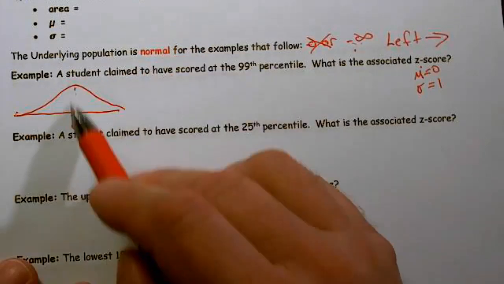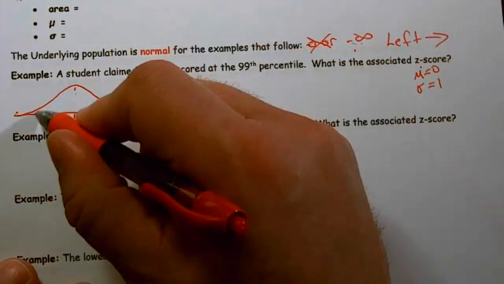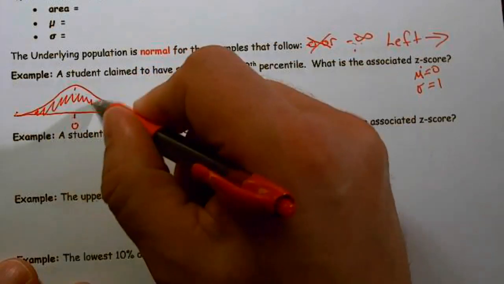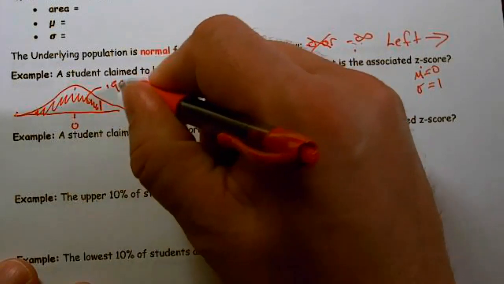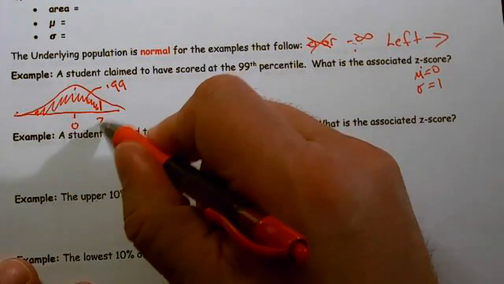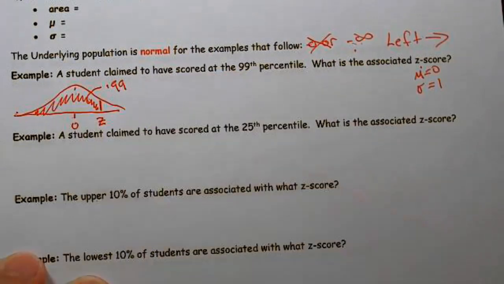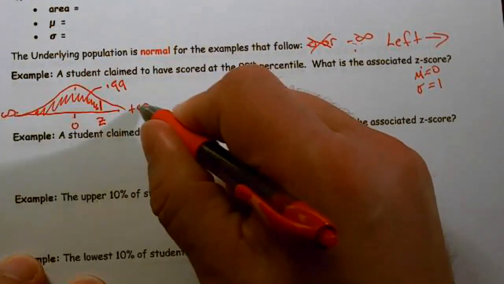Halfway is 50%. We're at 99%, so we're shading all the way up. This area, or probability, or percent is 0.99, and what we're looking for is that z-score. Please don't forget, this goes from negative infinity to positive infinity.